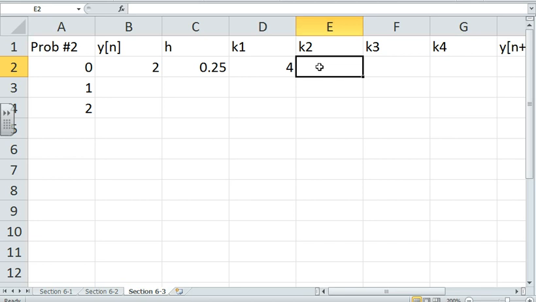Because the function is 2y, this is going to be 2 times y, which is going to be B2, plus 0.5h, which is C2, times k1, which is D2.